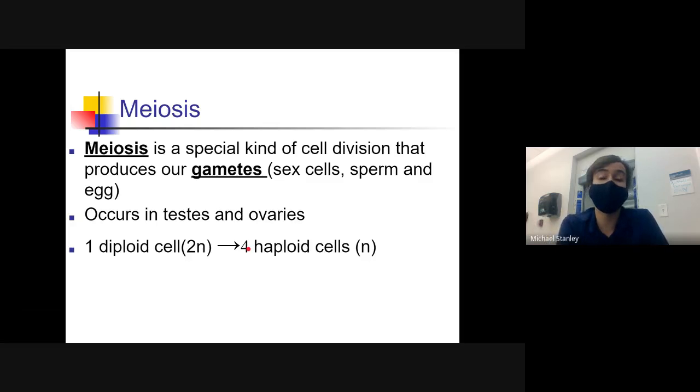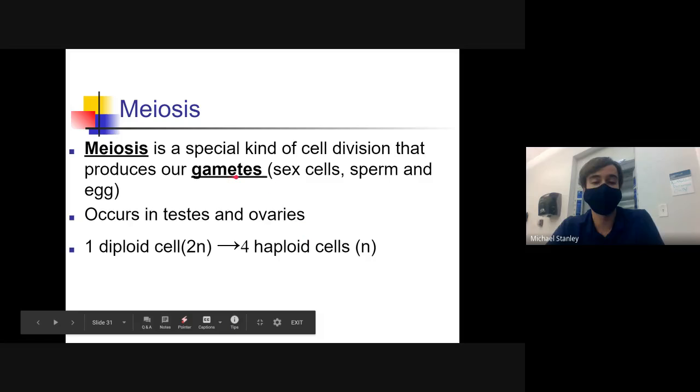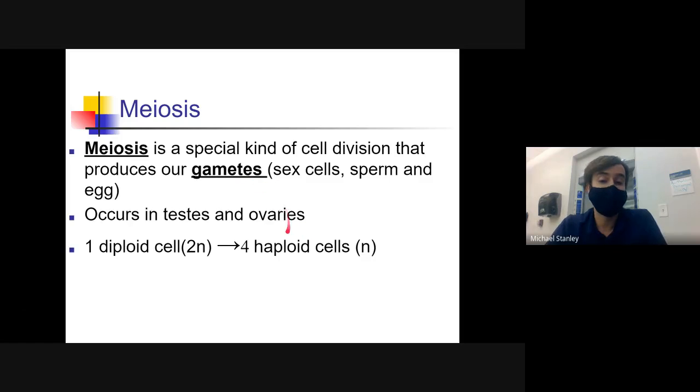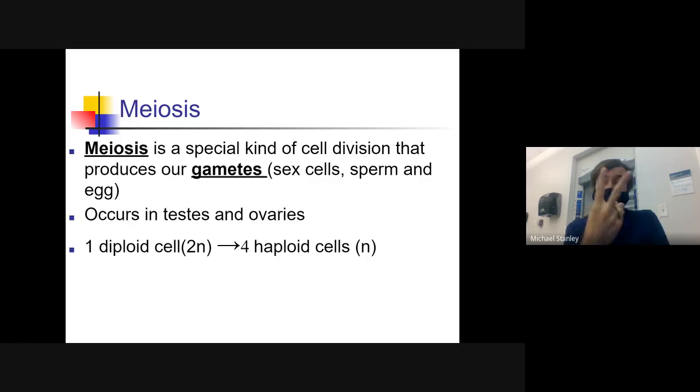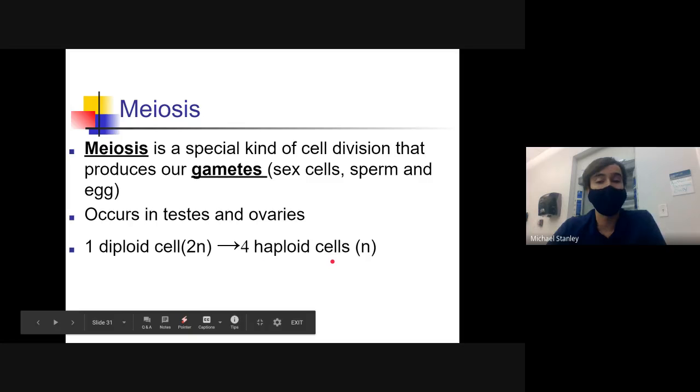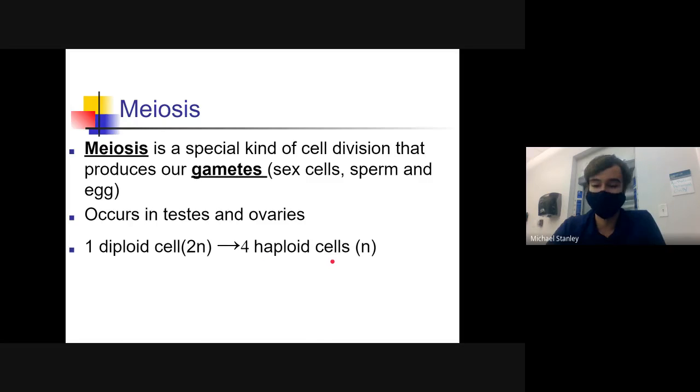So you remember I mentioned earlier that your gametes are haploid cells. So at the end of meiosis, all the cells that have been produced only have 1 single copy of every chromosome. Not 2 like your normal cells, just 1. That's what it means to be haploid, and that's what happens to your cell at the end of meiosis.